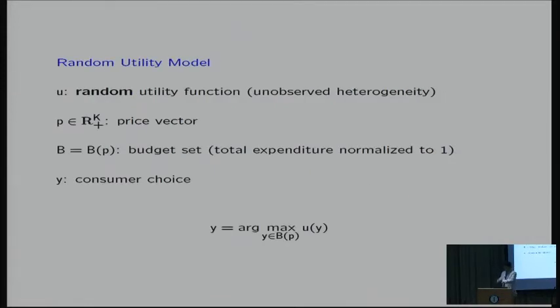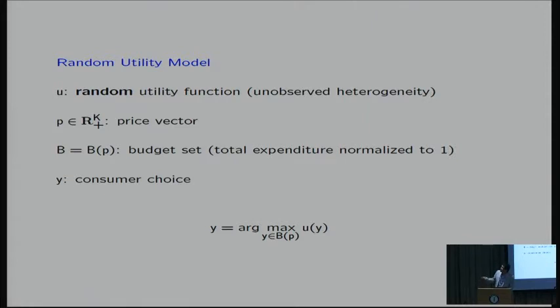So, getting into the basics. Here we are not introducing many specific details. It's just a really basic random utility model. Except that U, the utility, represents unobserved heterogeneity, the bottom equation is simply utility maximization.